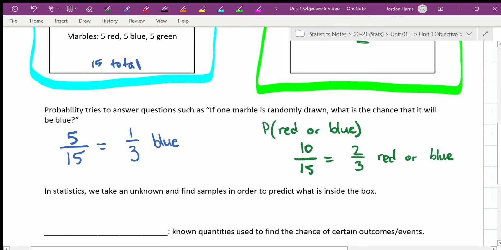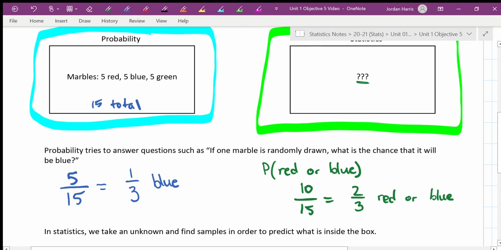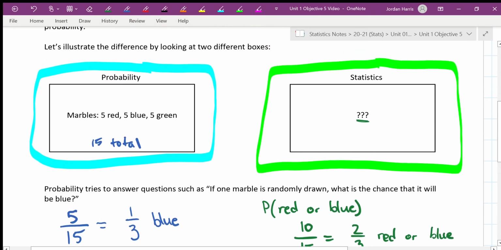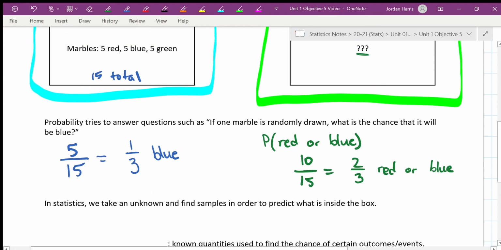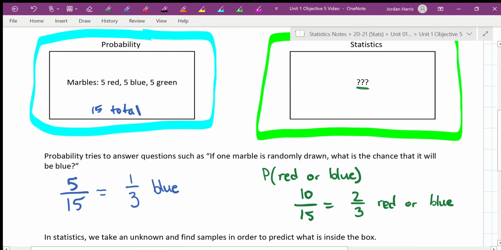In statistics, we take an unknown box and take samples. Maybe we take a sample of 3, put it back, then another sample of 3 marbles, put it back, and another, mixing it around so that we get similar results each time. Using those samples, we can predict how many red, blue, and green marbles we have. We might not be able to predict the exact total, but we could predict the ratio of the marbles.